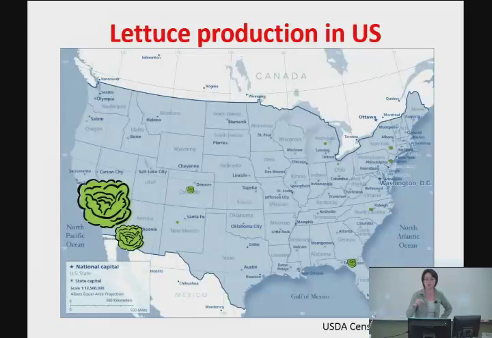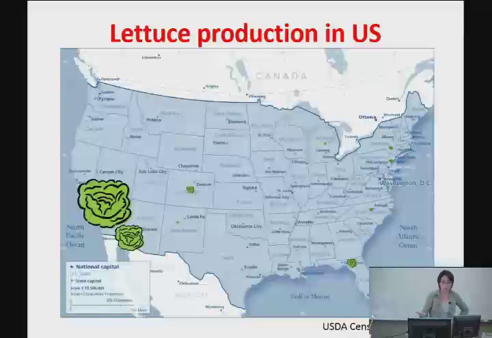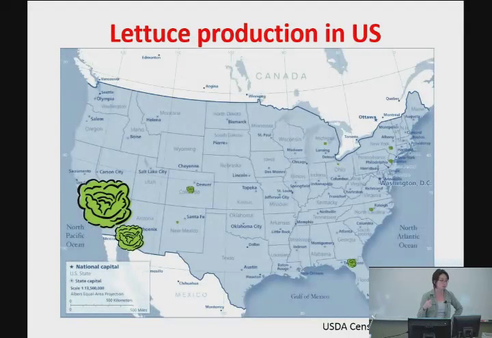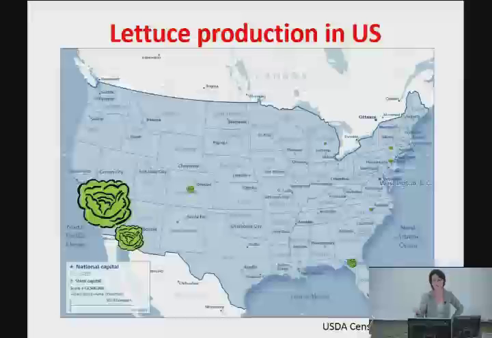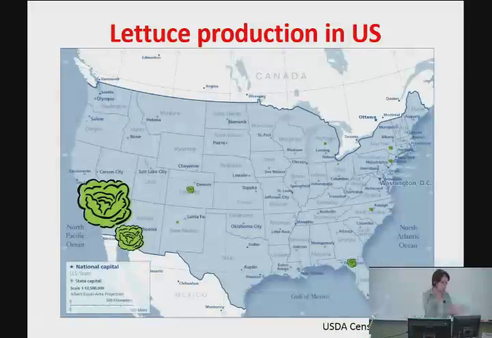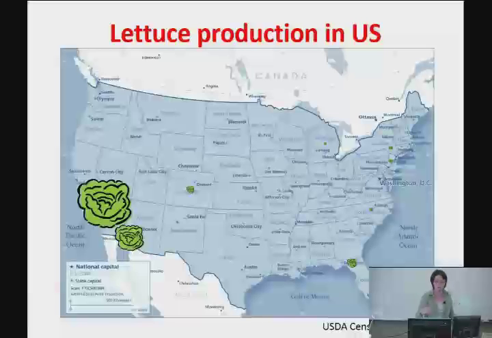California is always number one, and then in wintertime, exactly during this time now, you see lettuce production in Yuma, Arizona. Yuma accounts for probably 25% to 30% of annual lettuce production, mostly concentrated in the winter time. You probably know that, right?